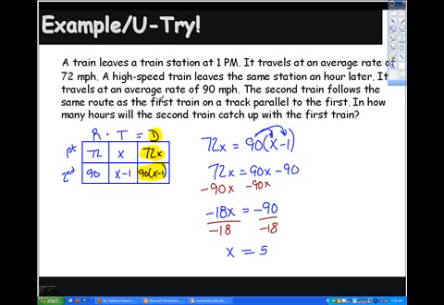So, in how many hours will the second train catch up to the first train? Well, the way I interpret the question, the first train is going to take 5 hours, that's x, and it's going to take the second train 4 hours. So I would say it will take the second train 4 hours to catch the first train.